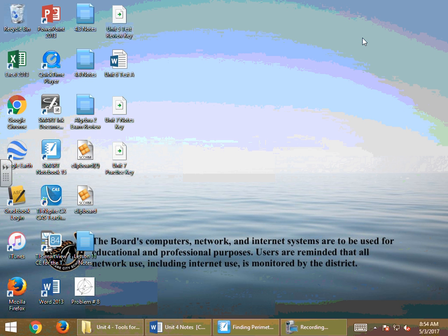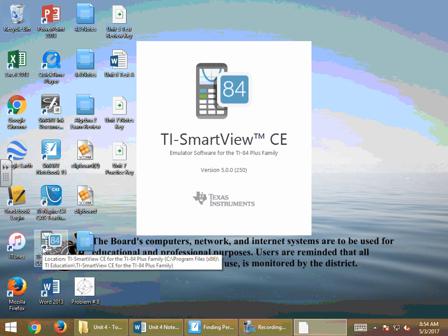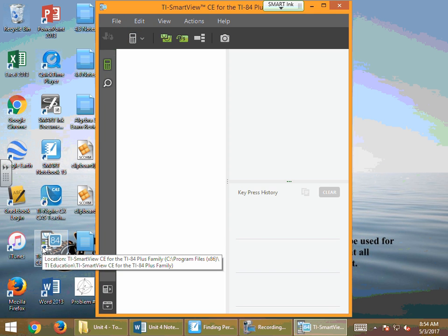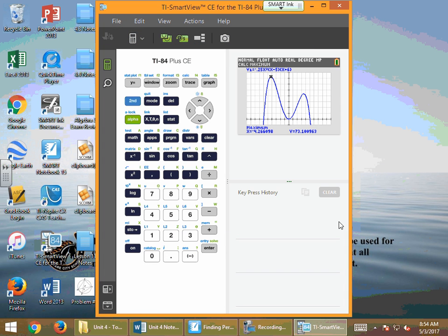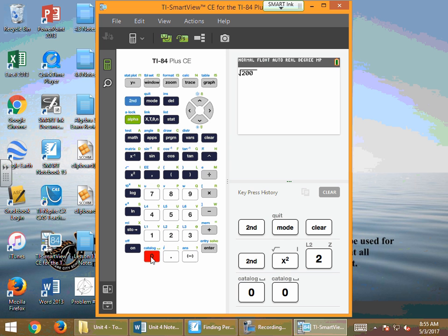And we're going to end up rounding. So I'm going to get my calculator out, ready to go. We plug this in. We're going to do second x squared to get our square root of 200. Hit enter. We want to round it to the nearest tenth, because that's what the directions said to do.